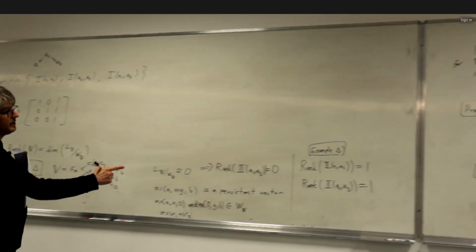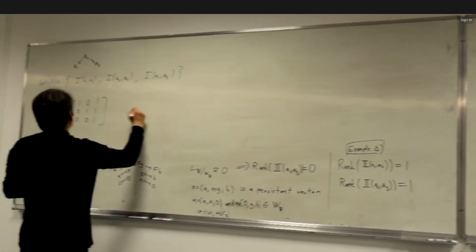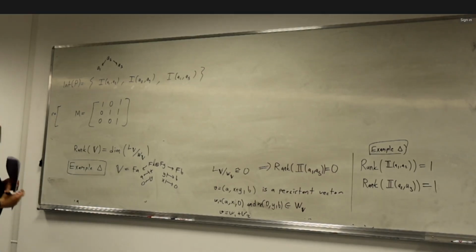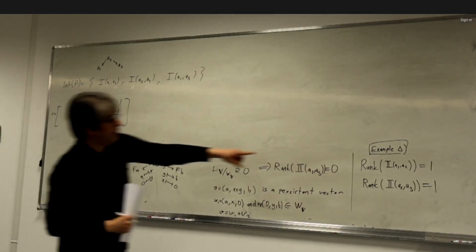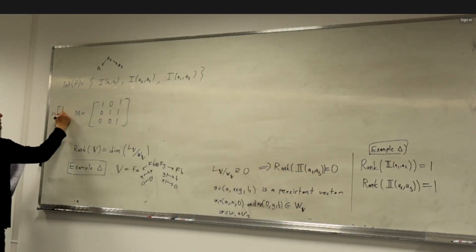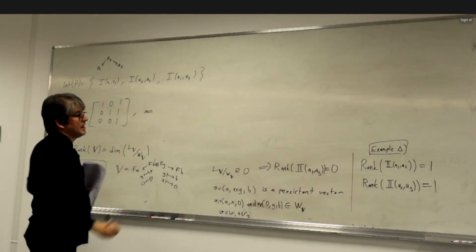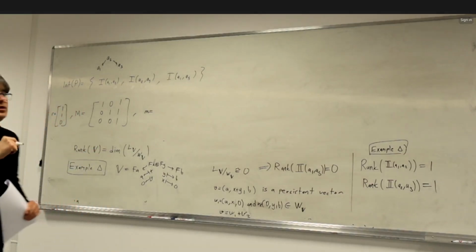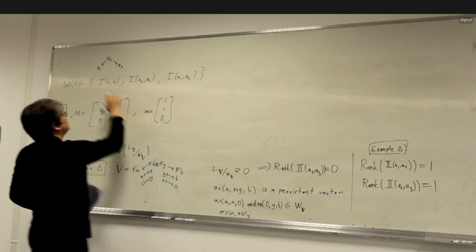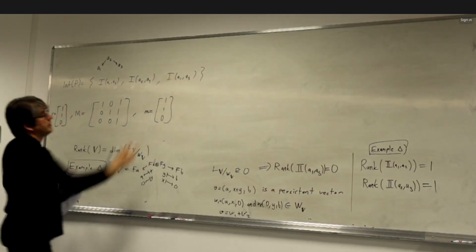Okay, and then this rank multiplicity is saying I have R is equal to what? Well, it's 1, 1 over here, and then 0 over here. So it's 1, 1, 0. And then what is M? Remember the decomposition. It was, again, 1, 1, 0. It was 1 of this interval, 1 of this interval, and 0 of this.